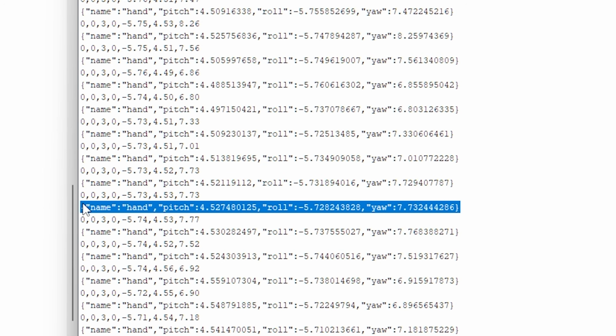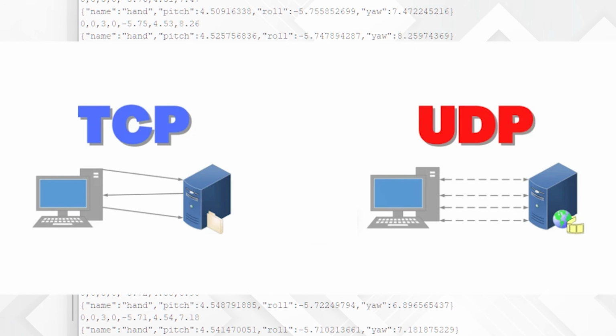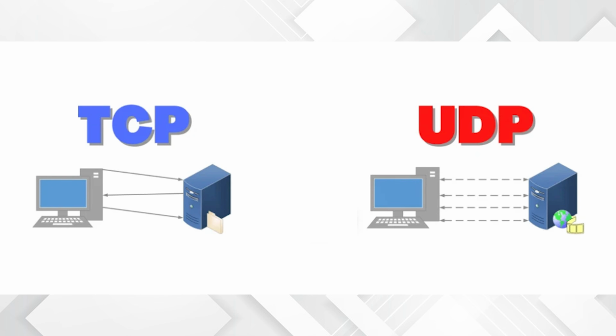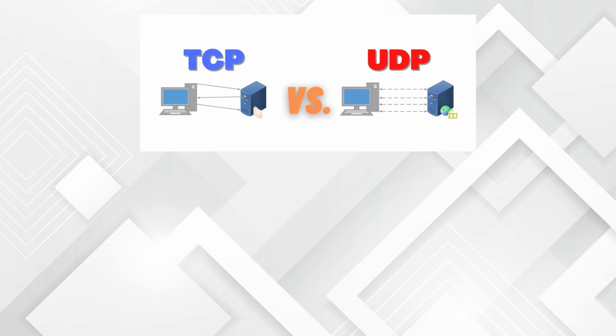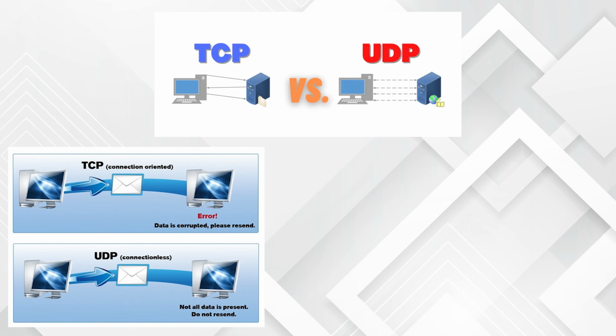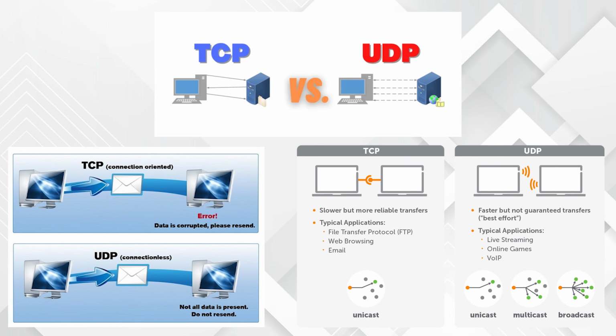There are two ways to transmit the data over the network: TCP and UDP. UDP, User Datagram Protocol, is a communication protocol that is primarily used to establish low latency and loss-tolerating connections between applications on the network. UDP speeds up transmission by enabling the transfer of the data before an agreement is provided by the receiving party.